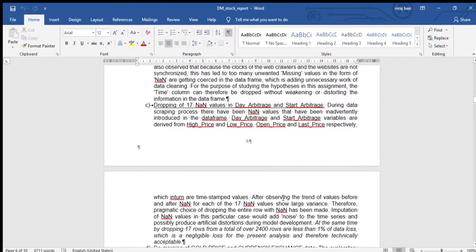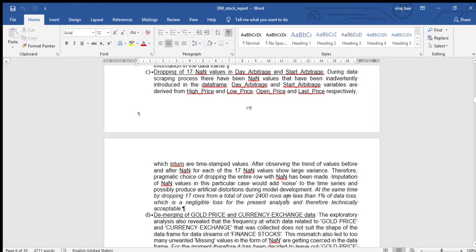Then we had 17 NaN values because the time series are not of equal length, and those NaN values were getting coerced everywhere in the data frame, in all the columns for 6 different stocks. We have to get rid of them, just because they were 17 out of 2,400 rows, which makes 1% of the entire data set.